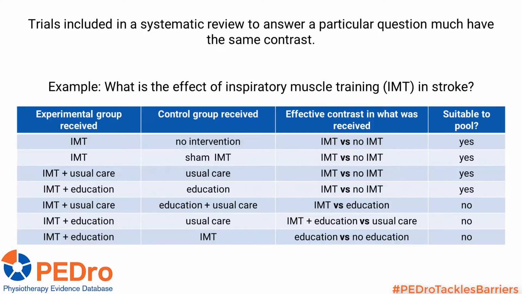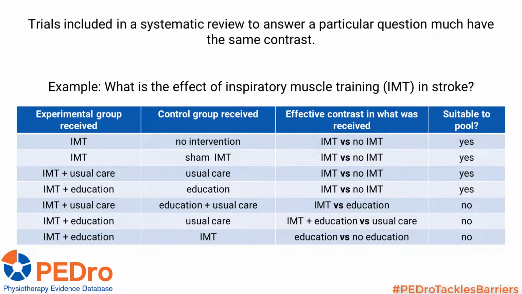Another time that the comparator comes up as a crucial issue is in systematic reviews. For example, if you were running a systematic review looking at what's the effect of inspiratory muscle training in stroke, there are certain trials that you could put in and other trials that you couldn't put in depending what the comparator is. So inspiratory muscle training could be compared to no intervention, could be compared to sham IMT.